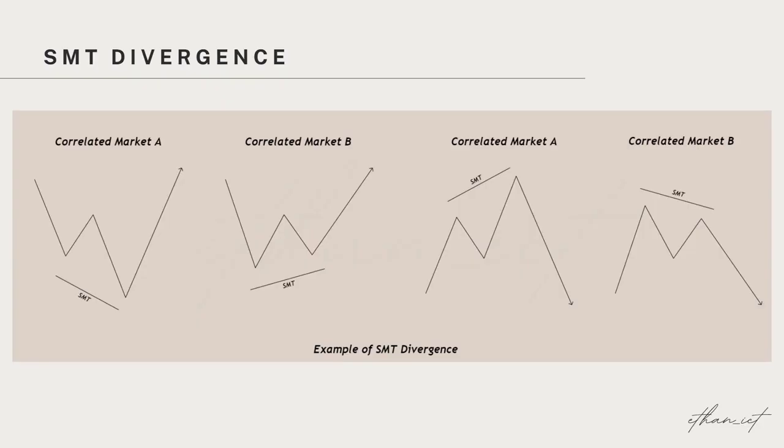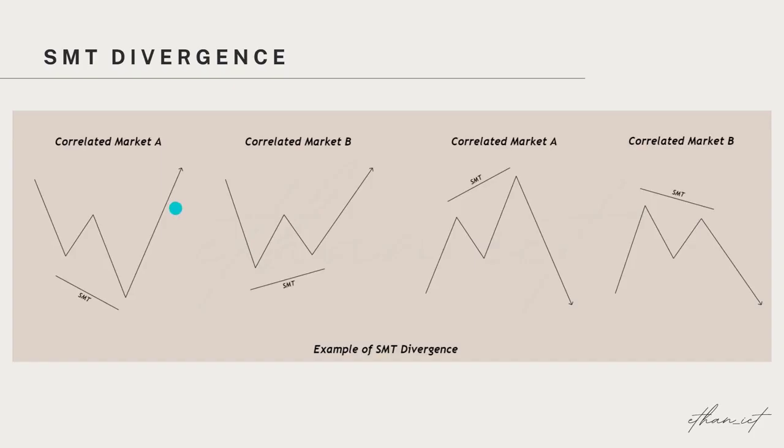In this slide, I've created a diagram to show what SMT divergence looks like in the markets. Compared to the diagram in the previous slide, we can see that market A on the left makes a higher high or lower low, whereas market B on the right fails to create a new higher high or lower low. When this occurs, this is SMT divergence and is a price signature that indicates some sort of manipulation is occurring.